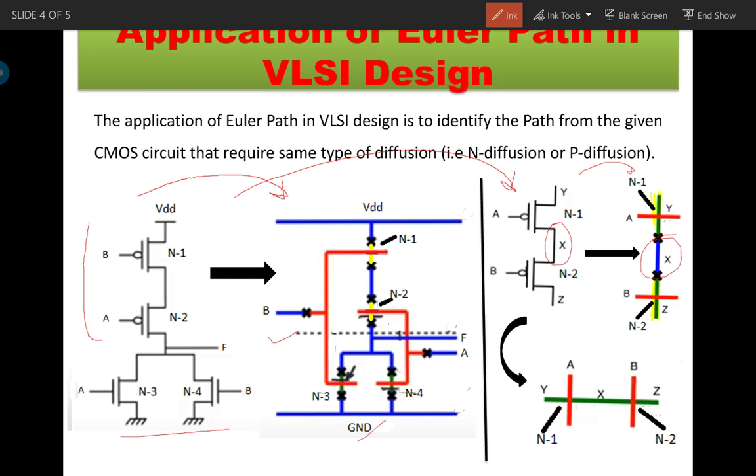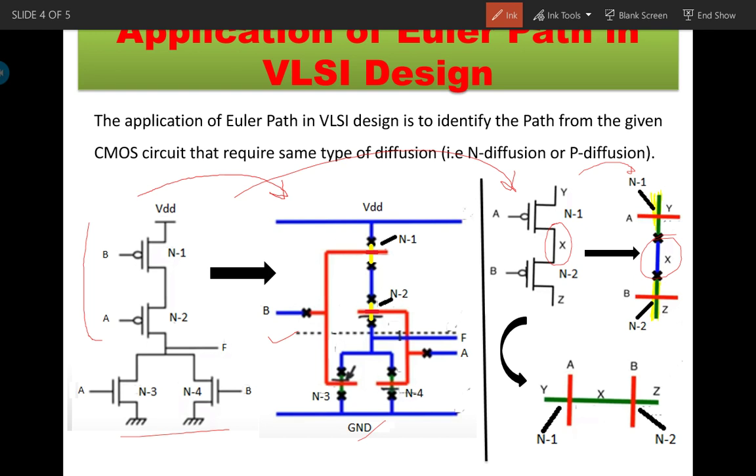Now here is a major problem area: the two diffusions are joined together with a metal contact. If we use this metal contact, it will create two kinds of problems that the layout design engineer faces.